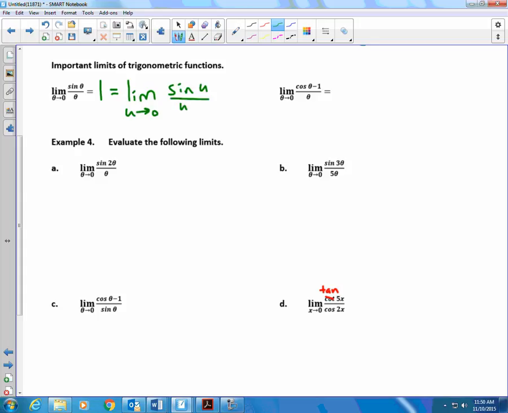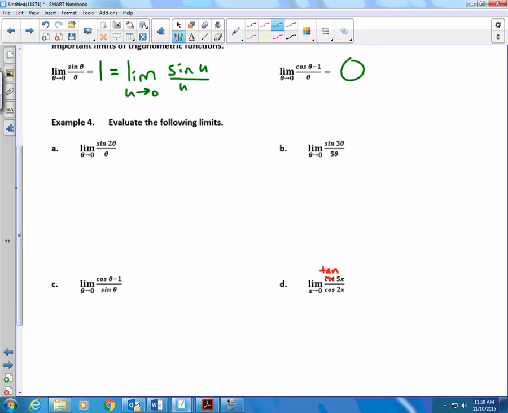Meaning whatever we're taking the sine of, if we have the same thing on the bottom, then the limit is 1. Remember what the other important limit was? 0. Very good. Those are two limits that you have to memorize. You'll be asked those questions in the AP exam. You'll be asked them on your test. You'll be asked on your final exam as well. So memorize those and feel good about it.